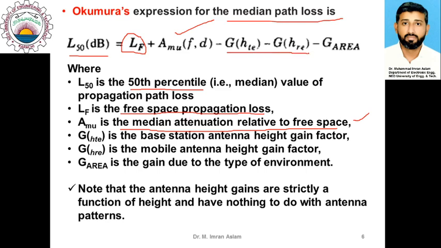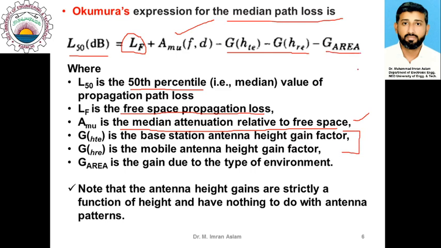So these two terms, they are related to the correction factor or gain factor occurring from the base station antenna height and received antenna height. So GHTE is actually the base station antenna height gain factor, and GHRE is the mobile antenna height gain factor.